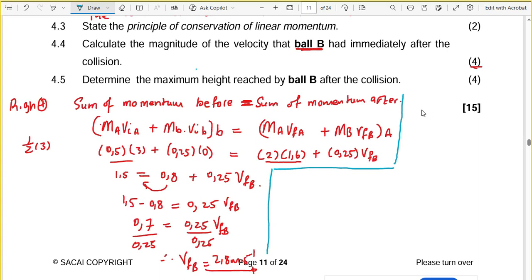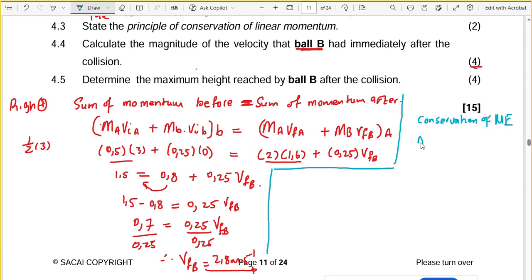So, in the conservation of mechanical energy, I'm just going to call this ME, mechanical energy.